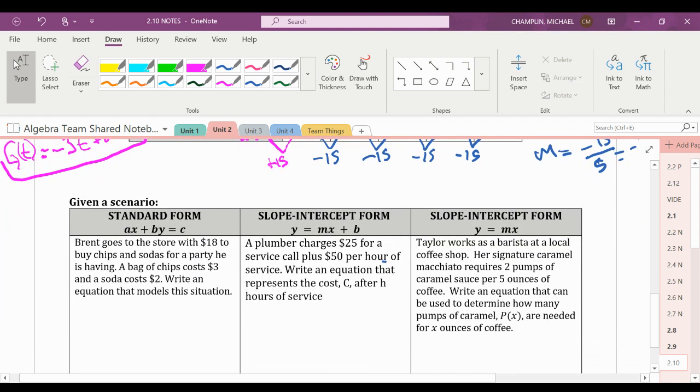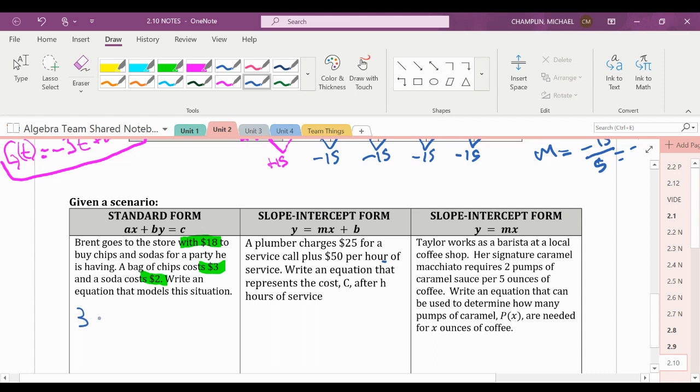All right, let's use words. Given a scenario, Brent goes to the store with $18 to buy chips and sodas for a party that he's having. A bag of chips costs $3 and a soda costs $2. Write an equation that models this situation. Well, luckily for you guys, we gave you the standard form is ax plus by equals c. Note that a bag of chips is $3.